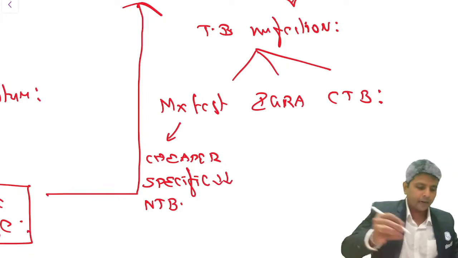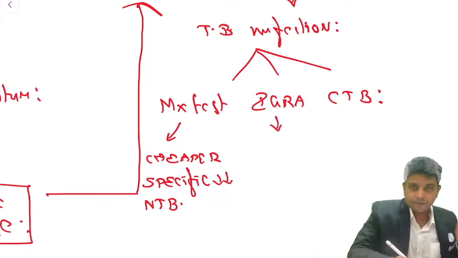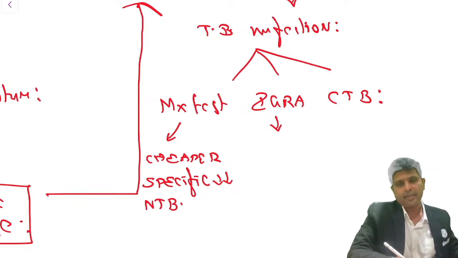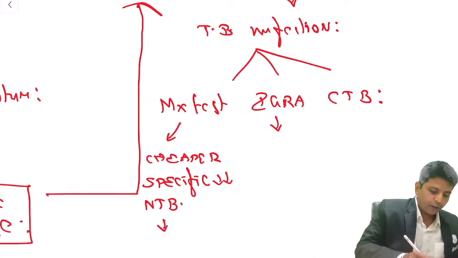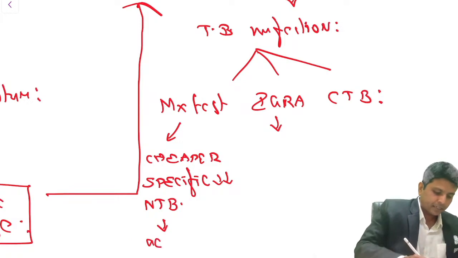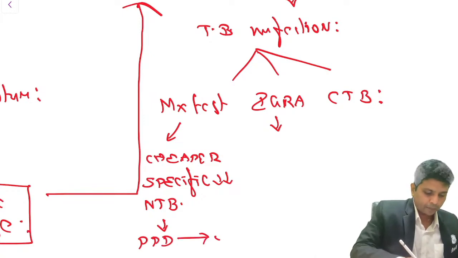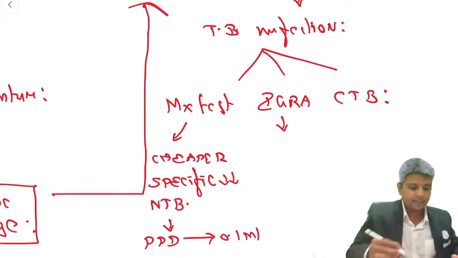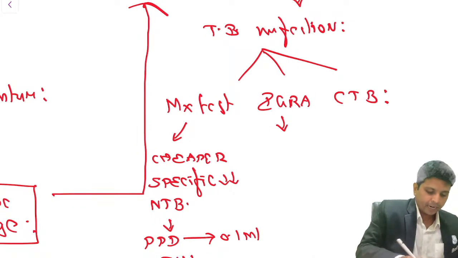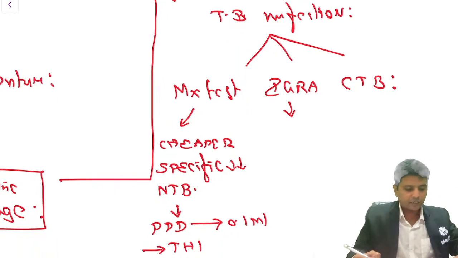Okay, what is IGRA? IGRA is interferon gamma release assay. I repeat, in Manto you will find the macrophage. What is the basis for Manto? You put purified protein derivative into the skin, 0.1 ml, and if the person is sensitized to TB, it will attract Th1 cells towards the site.